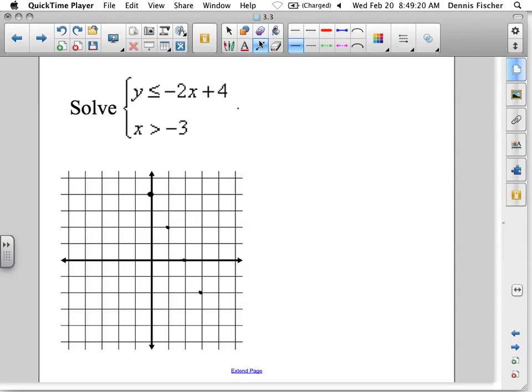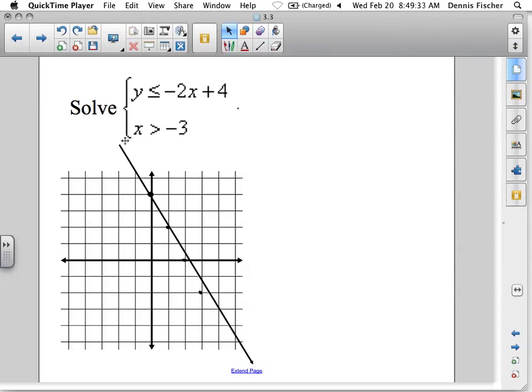I'm going to draw my straight line in there. And you said this is a solid line, right? I'll have to fix that line a little bit. Okay. That look all right?